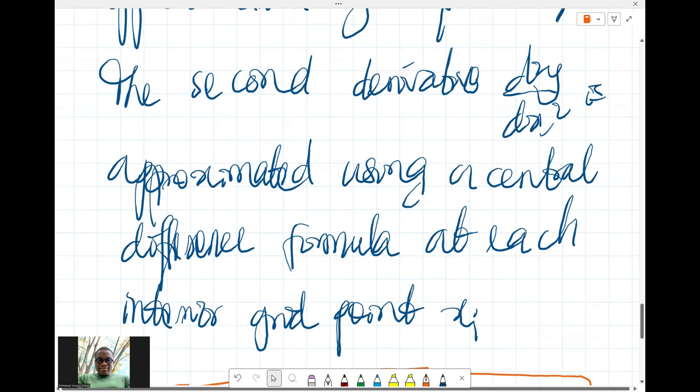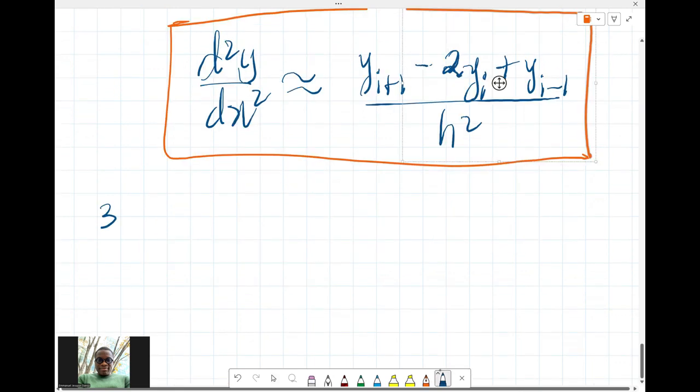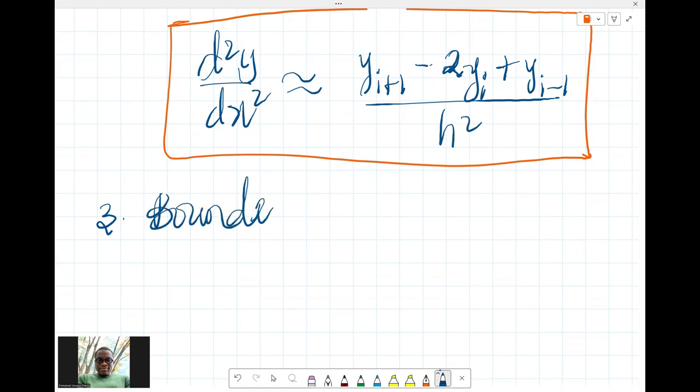So we have the third step. Step 3 will be to talk about the boundary conditions.